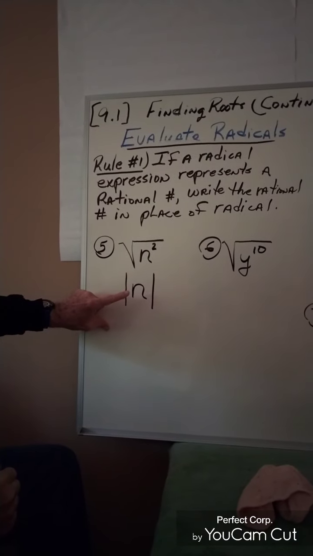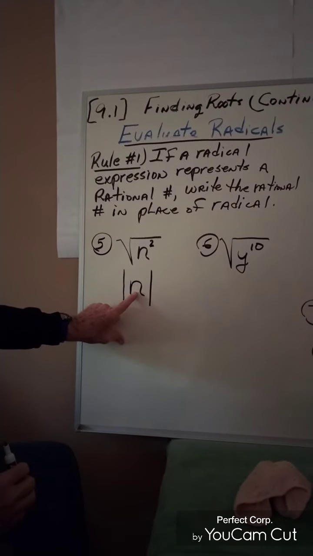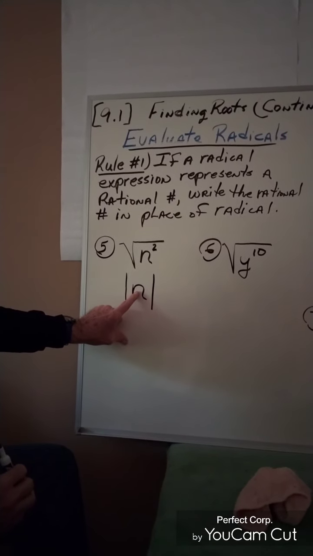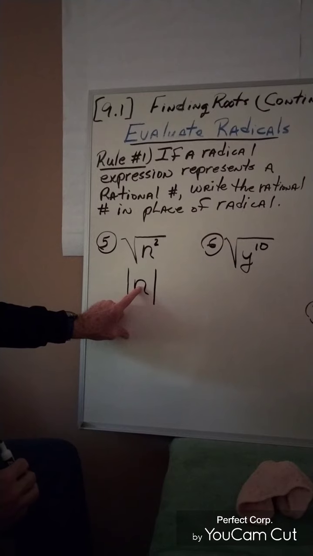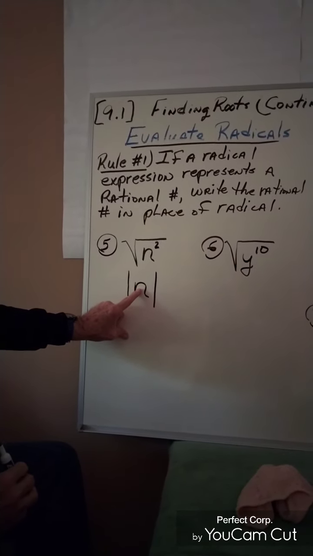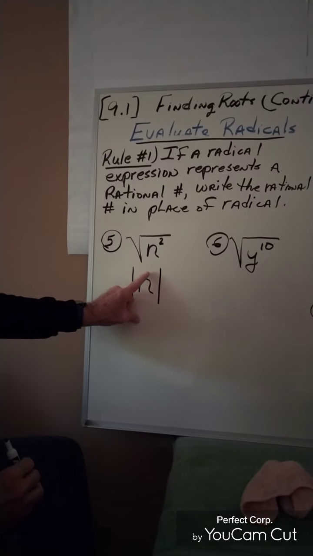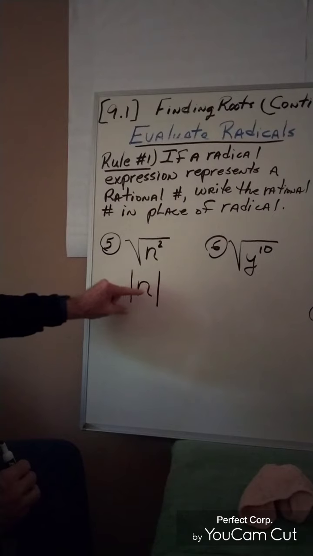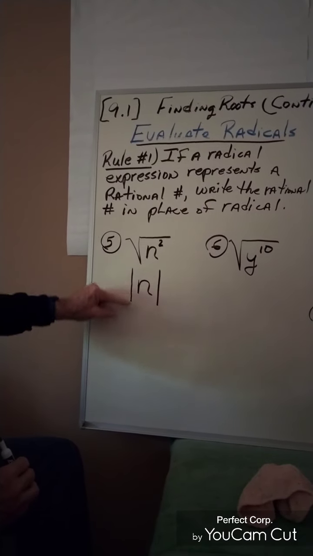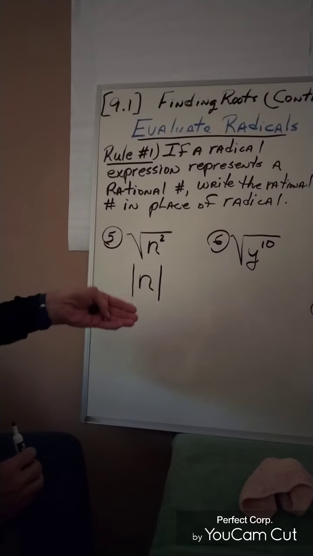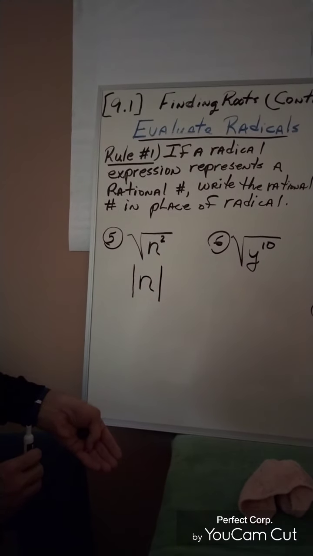Now let's just check this for a second. Let's say n is a negative 1, or -2, or -3, or -4, or any negative number. You can let it be any negative number as long as it's in between the absolute value symbols, because remember, the absolute value of any number is always positive.